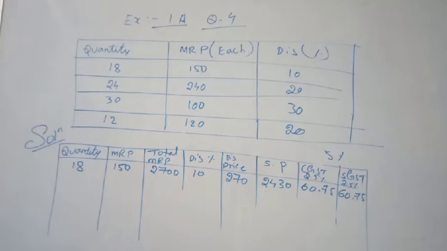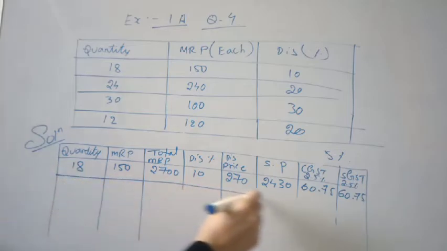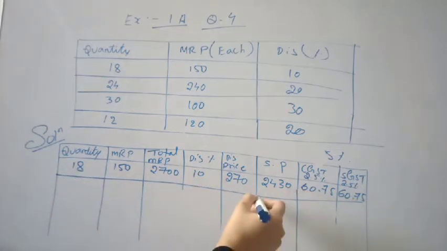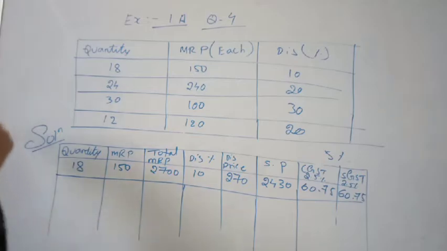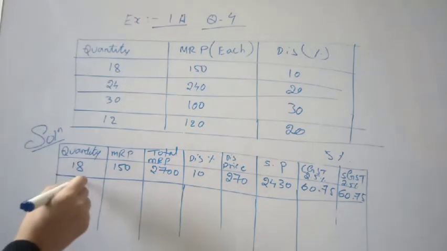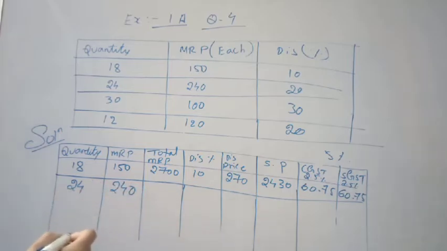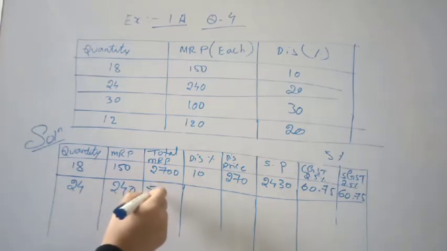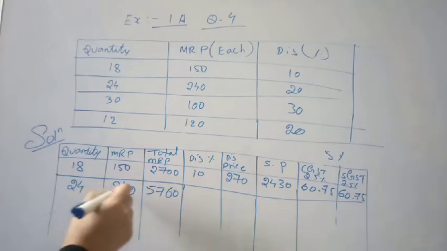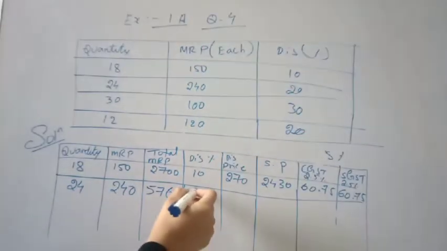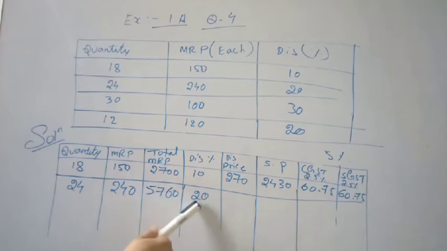Then come to the second item. The second item quantity is given as 24, the number of items is 24, and each item price is 240. So 240 into 24 will give total MRP of 5760. The discount percentage is 20%.